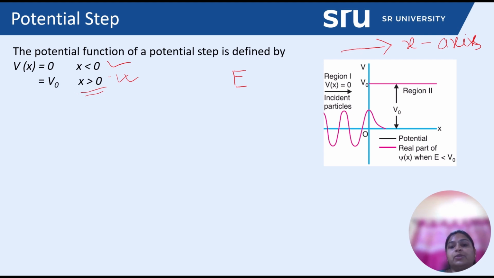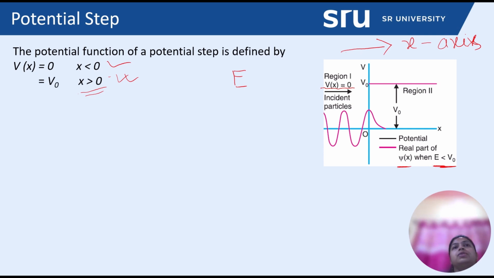We have defined that in region 1 the potential V(x) is equal to 0, and in region 2 the potential value is V naught for x greater than or equal to 0. This black line is basically the potential, and this pink color defines the real part of the wave function, for when E is less than the potential energy.